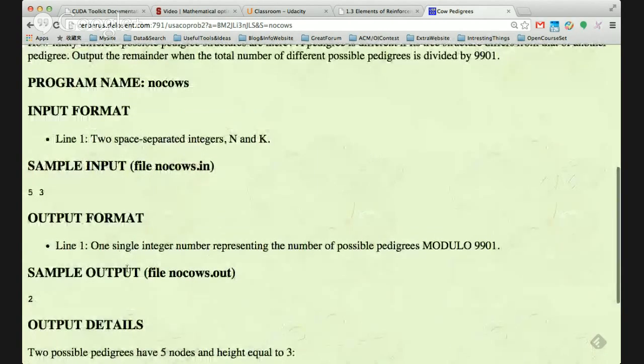You are given how many cows, actually how many nodes. Actually, if we just talk about trees here, we don't talk about cows anymore. You are given two numbers.